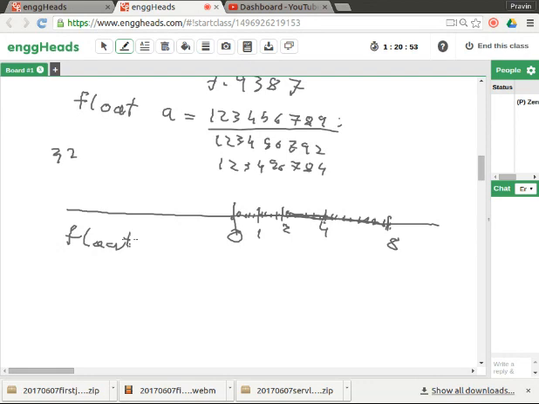If at all you are trying to use one, you may use double, which has at least better precision, but that also would fall flat as the value increases. If you are dealing with large values, float and double would not serve any purpose.